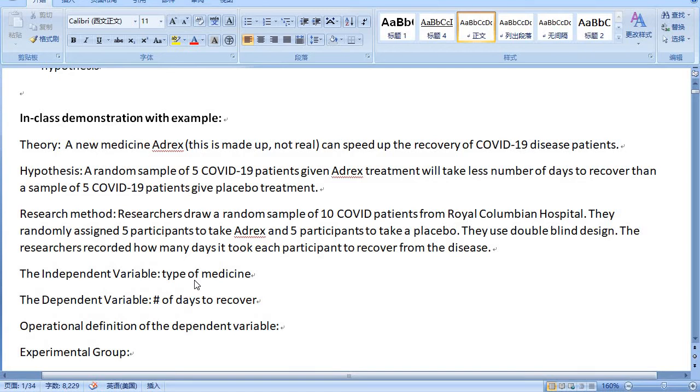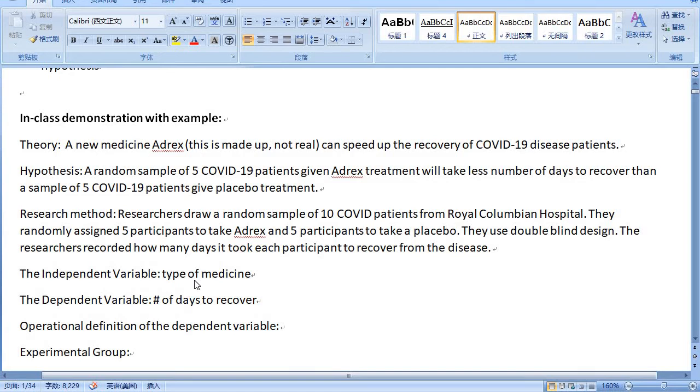And then you can actually observe and record how long it takes each patient to recover. And you can do your data analysis and observe on average, does the group taking the real medication get well faster than the group taking the placebo? If your hypothesis gets supported, your theory gets support.